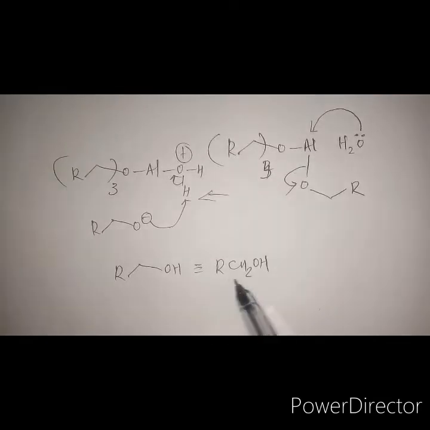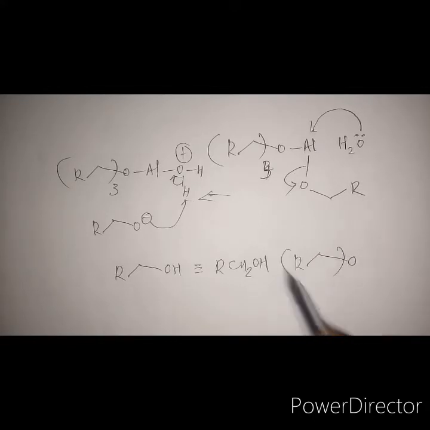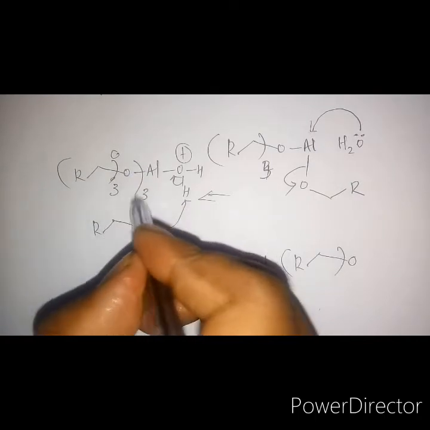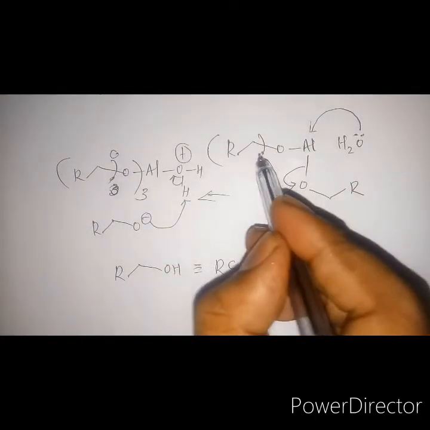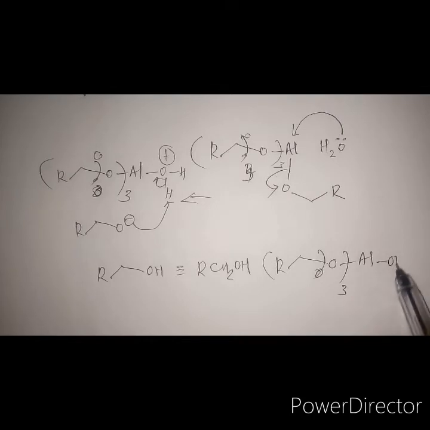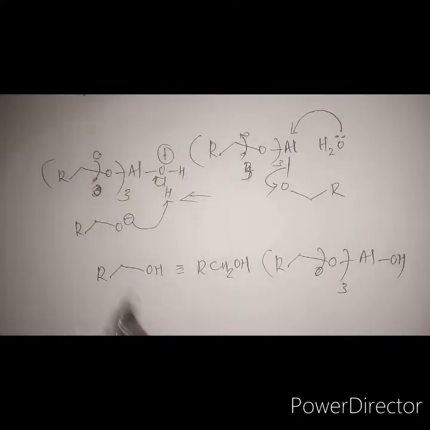Now the remaining molecules will also undergo the hydrolysis reaction. So we have R O, 3 times aluminum, 3 times OH. So one of the alkoxy groups is converted into alcohol.